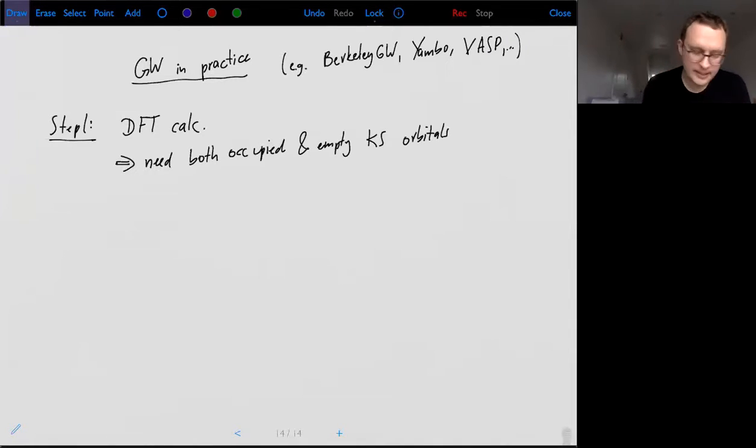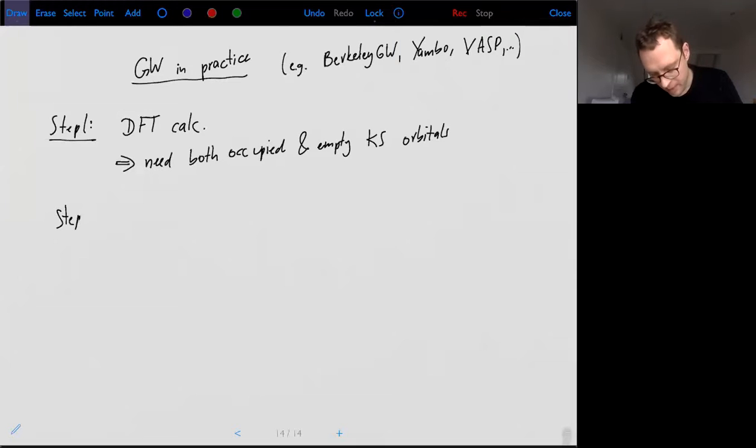Right. And then there's always the question, how many of the empty ones do you need? And you will see that this is a convergence parameter, and depending on the system, sometimes you actually need thousands of empty states to converge your GW calculation.